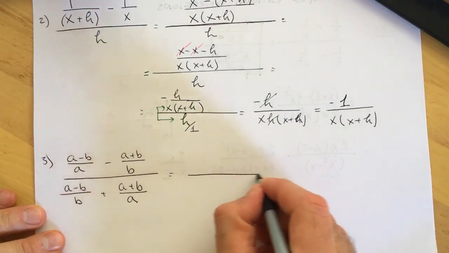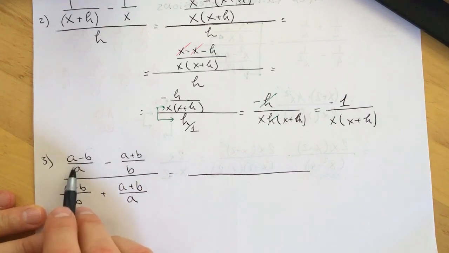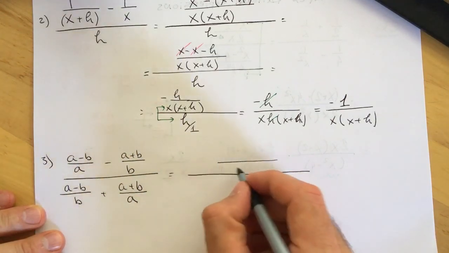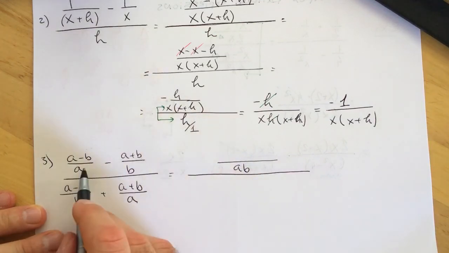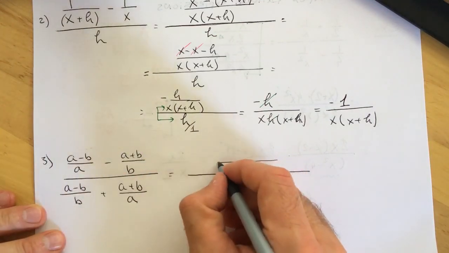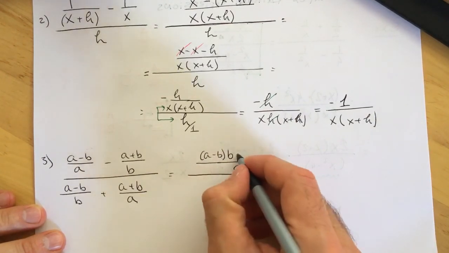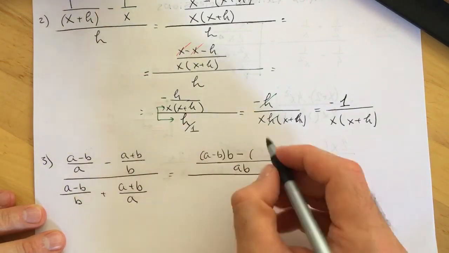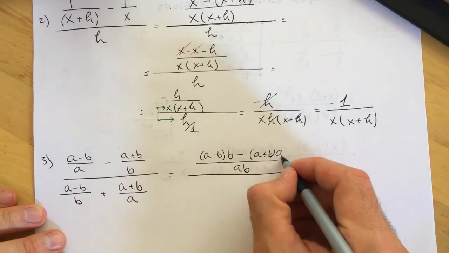So what do we have to do? We have to first deal with this difference. The common denominator is going to be ab, because a and b are relatively prime. In order to write the denominator a as a times b, I have multiplied a by b, which means I have to multiply the numerator by b, so I have a minus b times b, minus, by similar logic, I have to multiply this numerator a plus b times a, right?